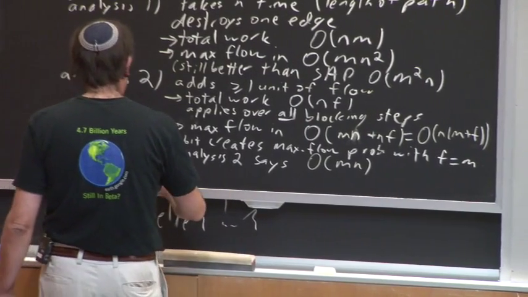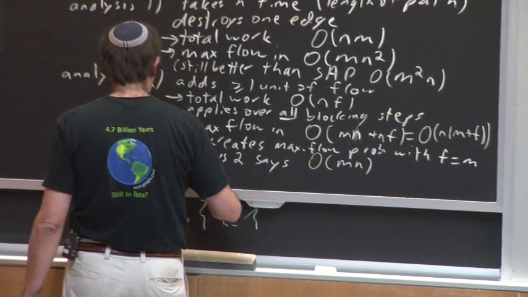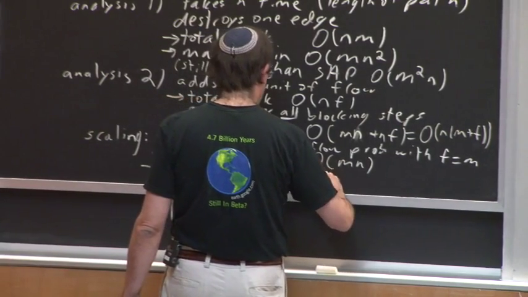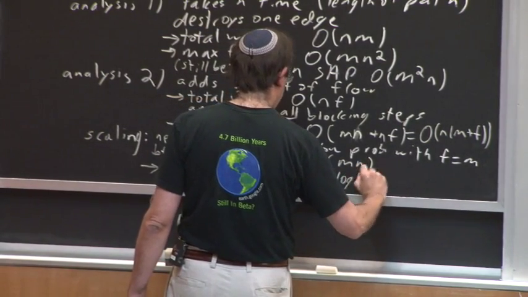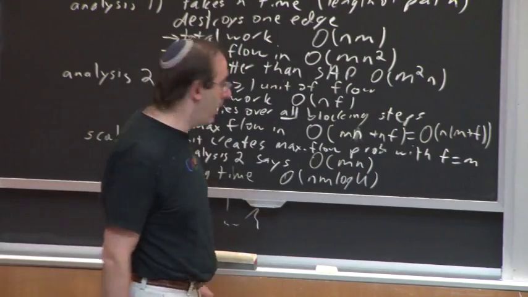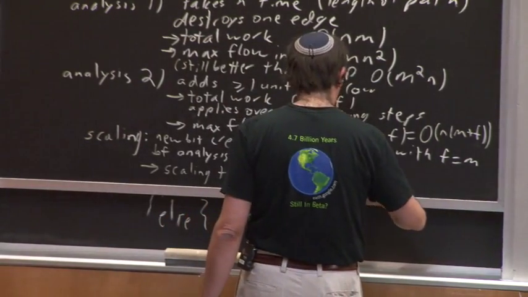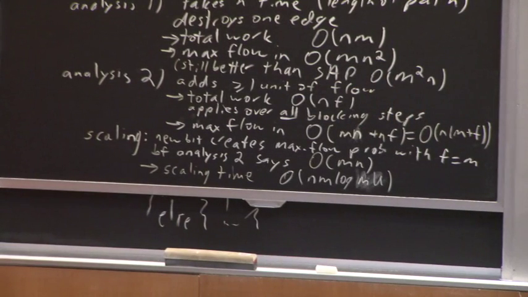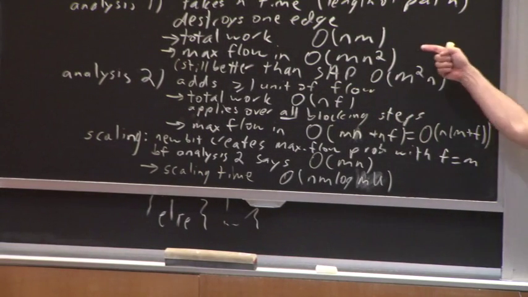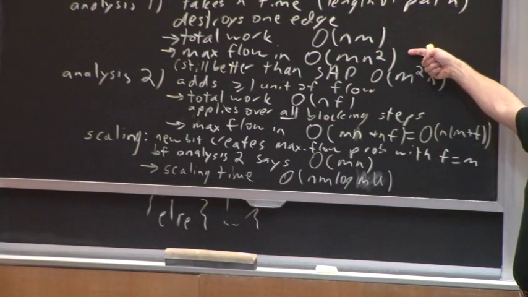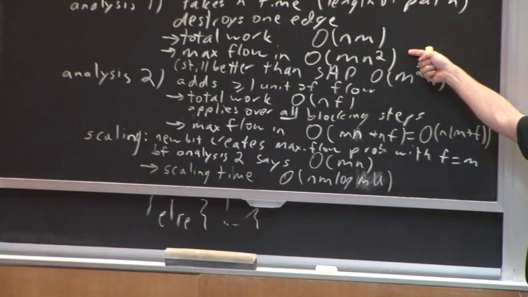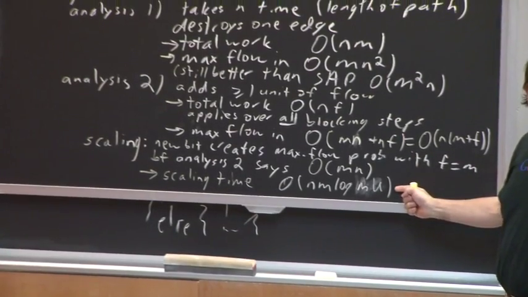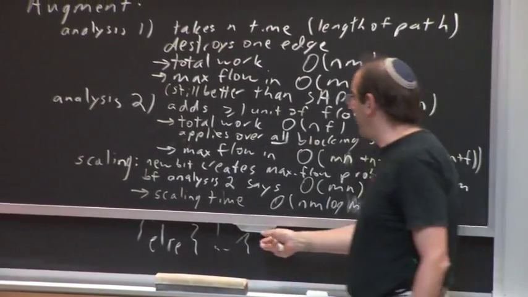And that means that the scaling time bound for finding a max flow is order nm log of u, okay, or actually mu. Okay. So we get a better strongly polynomial bound than we got from standard augmenting paths, and we get a better scaling bound than we got from augmenting paths.